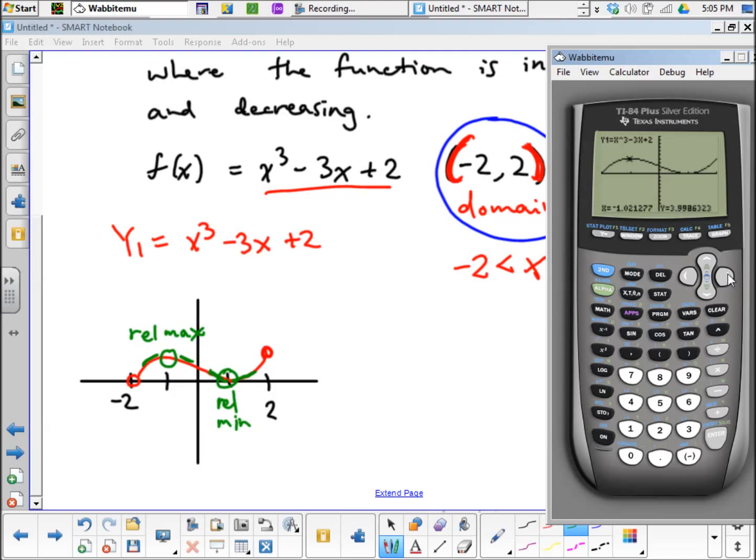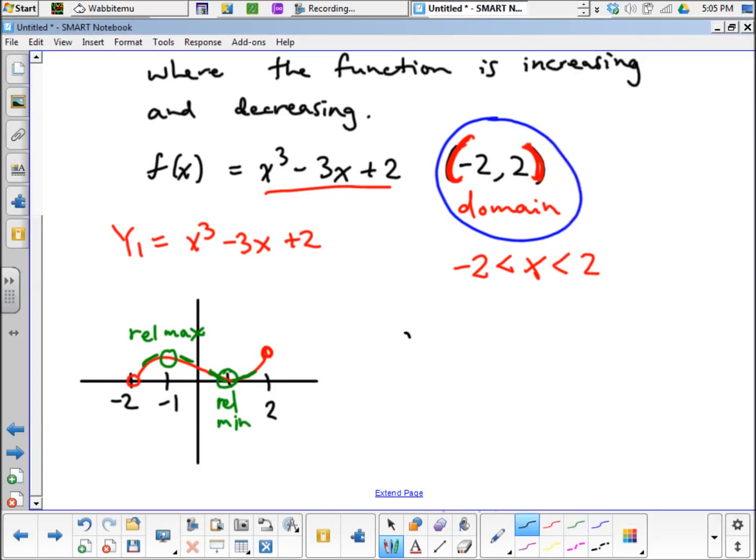Let me go to the right a little bit more. Ooh, that's even closer to -1, and it's even higher now. It's almost 4, see? I moved around in this region, and I found that the biggest number for y that I could get was 3.9986. Other points weren't quite as high. That seems to be happening at -1.02. So we just round that to the nearest tenth, and that's going to be -1.